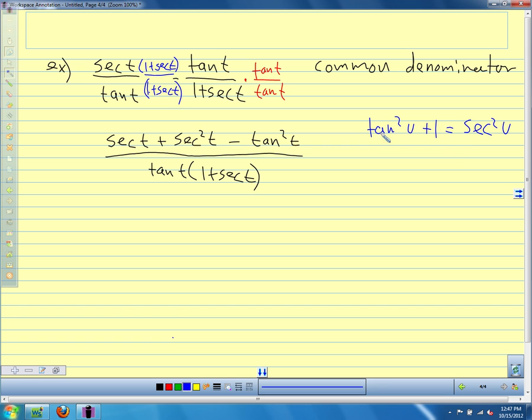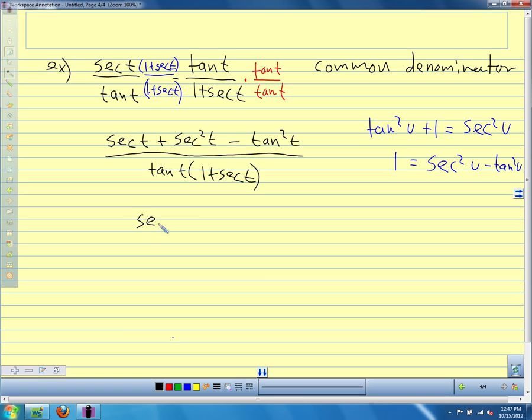So if I subtract tangent squared from both sides, I get 1 equals secant squared u minus tangent squared u. So that's from my identity. So I'm going to substitute 1 in here for secant squared t minus tangent squared t.